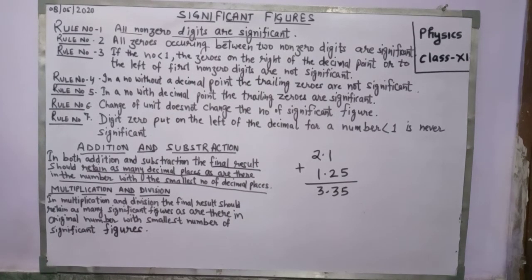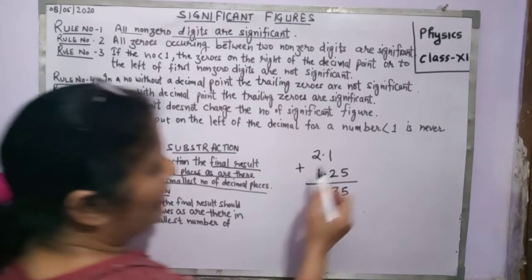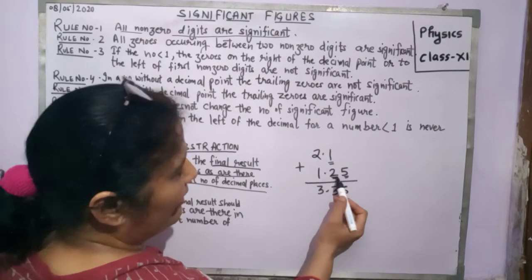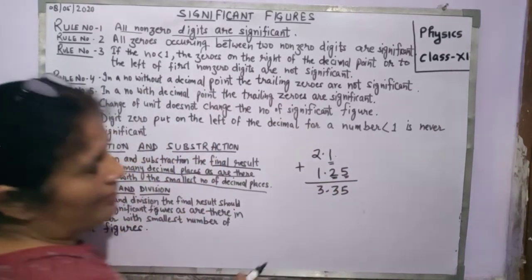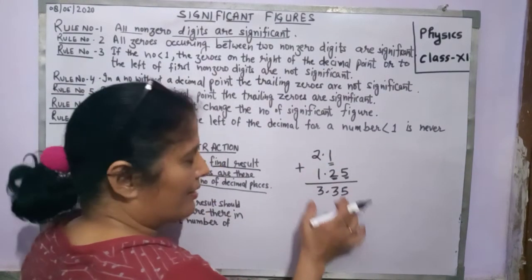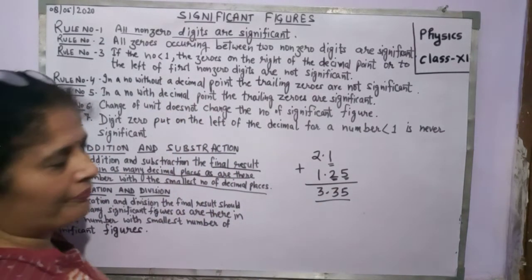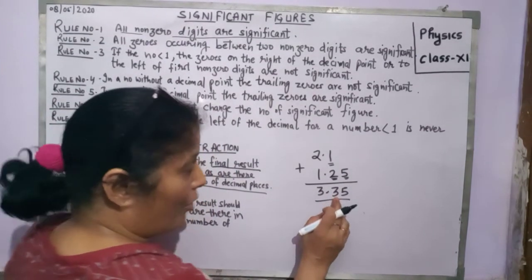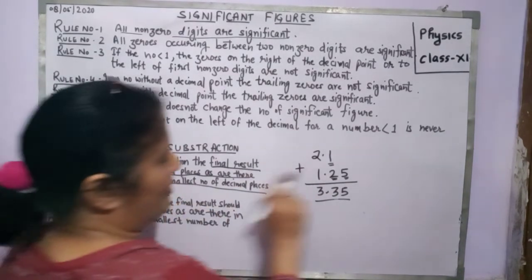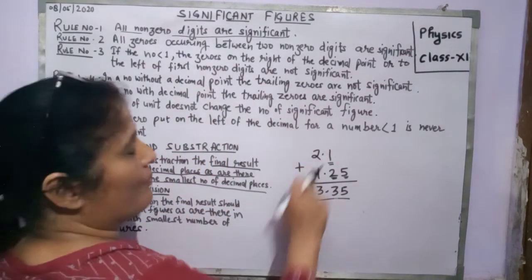So in the case of addition or subtraction, we observe the numbers. After the decimal point, one has only one place, the other has two places. The least is only one place. First we add these two numbers, and get the result. Now we round off this number up to one decimal place, because as per the rule in addition the result should contain the least number of decimal places.